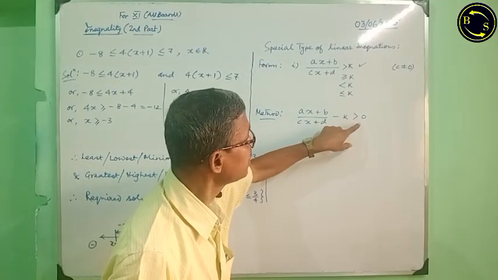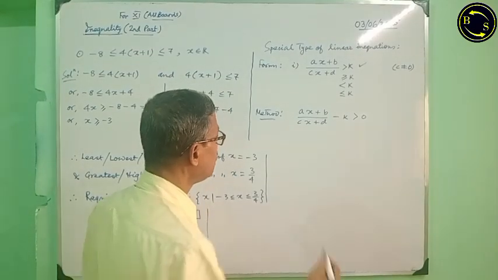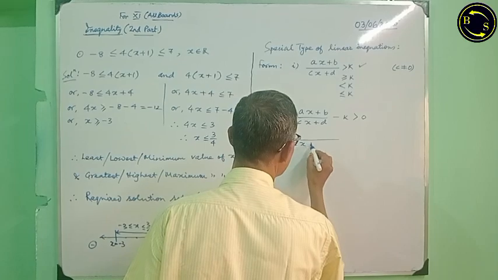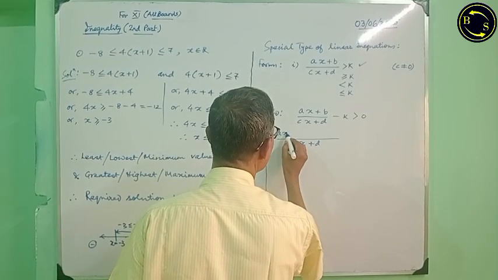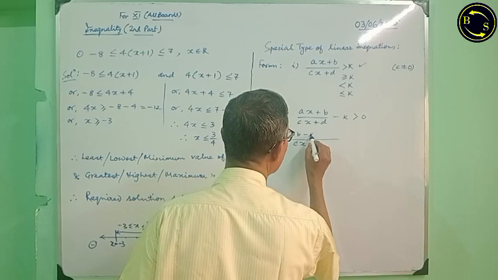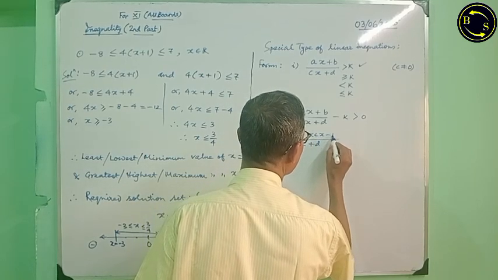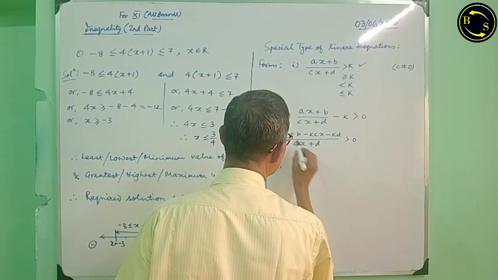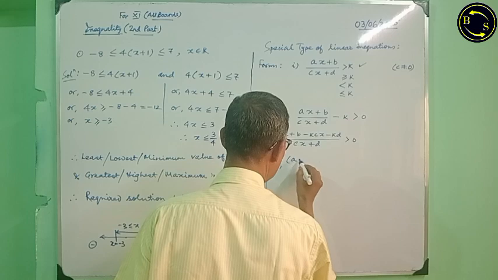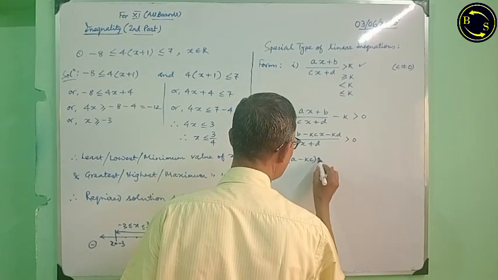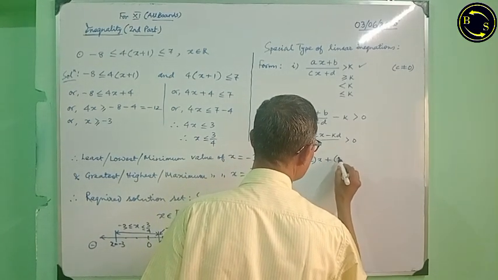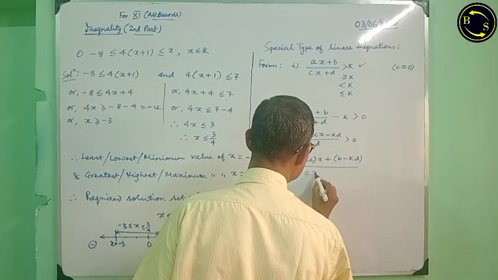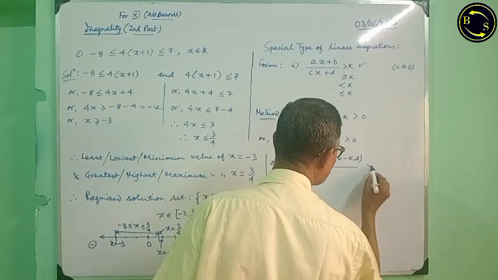In this case it will be less than 0, sorry. Then we simplify, or take x terms together: a minus kc whole into x plus b minus kd whole divided by cx plus d greater than 0.